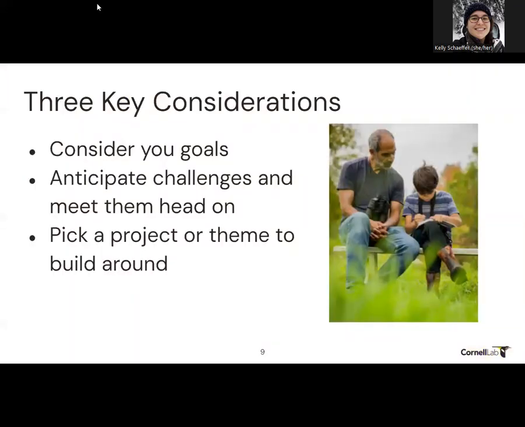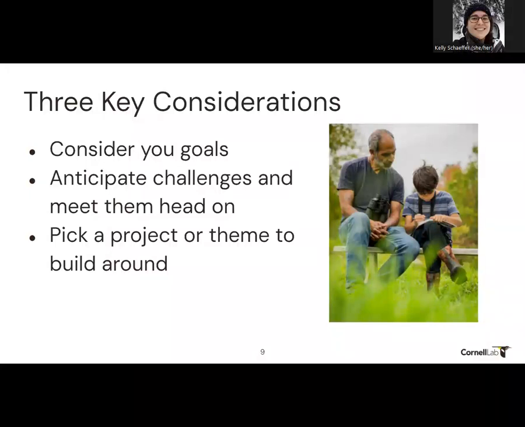So in a nutshell, those three key considerations are: consider your goals. Make sure that you have something that you are trying to achieve as you're planning your bird club. This will really help you frame conversations about what your bird club is and what it will do and what you hope to achieve with it. The next is think ahead about challenges that you might encounter and be prepared to meet them head on.